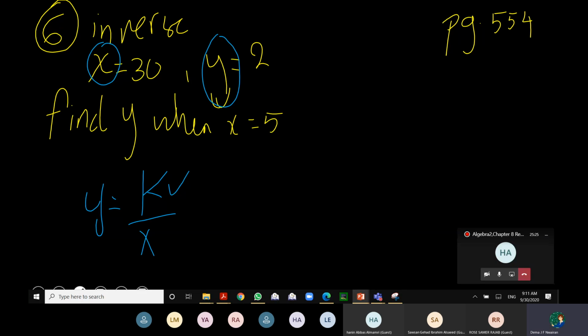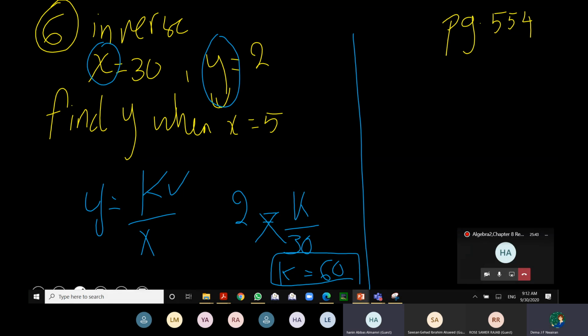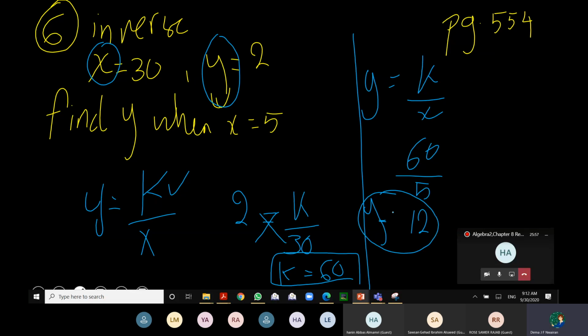So 2 equals k over 30. And to solve for k, we're going to multiply by 30, so k equals 60. Now y equals k over x, which is 60 over 5. Which is y equals 12. Thank you, Hanin.